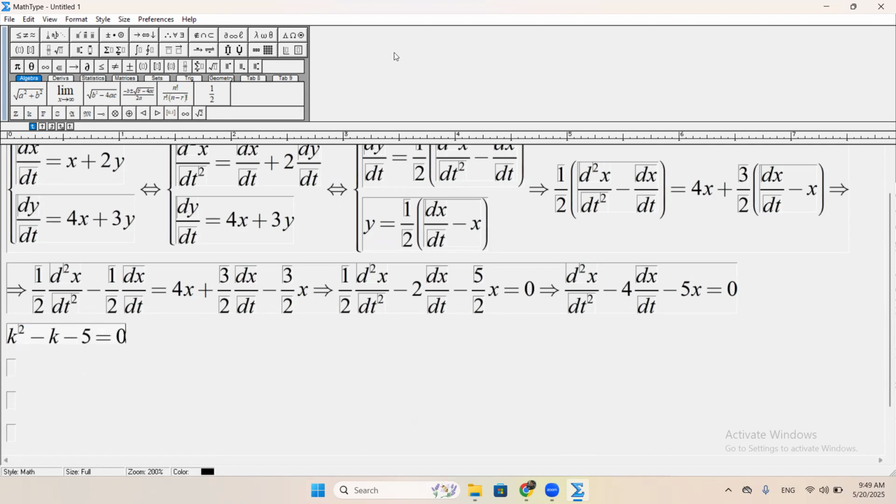So what will the solution be? So k1 equals minus 1, and k2 equals 5.